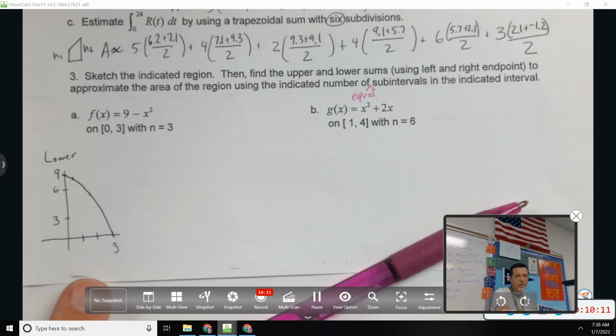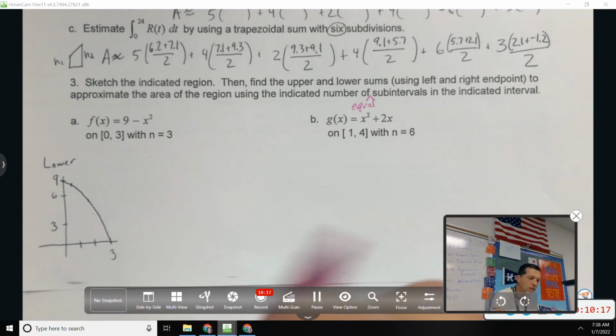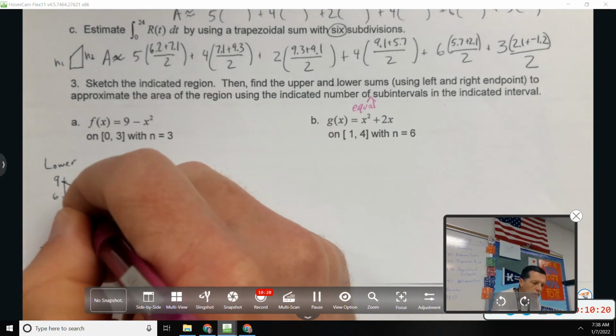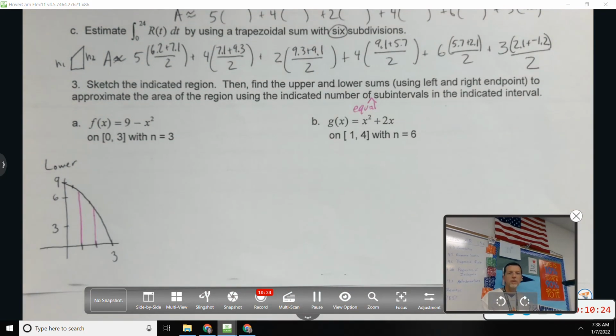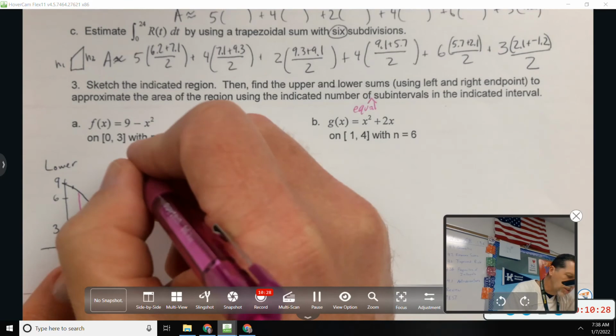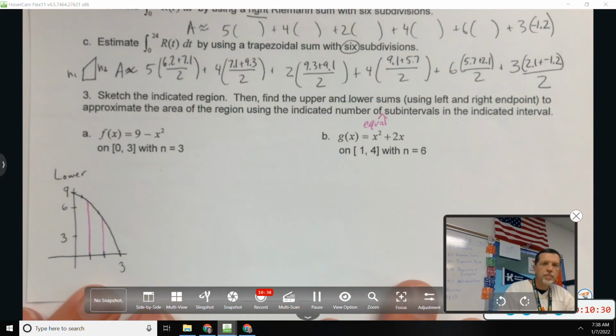I don't know why you would do that, but you could, because it didn't exactly specify to use equal subintervals. Having said that, I'm going to use equal subintervals because that's what most people would do. So each interval is going to be width 1.